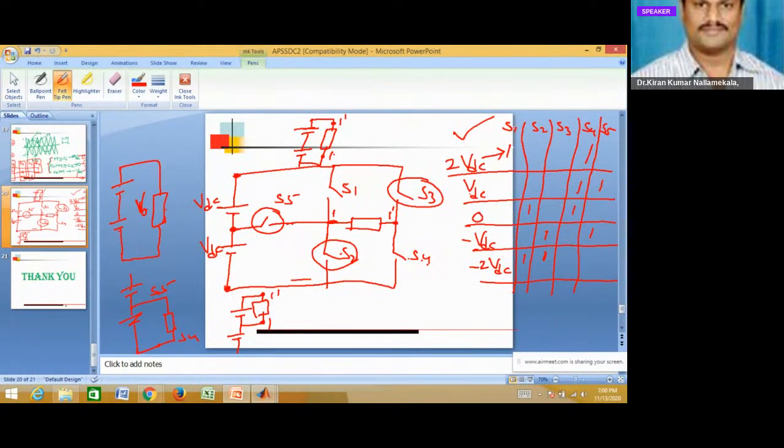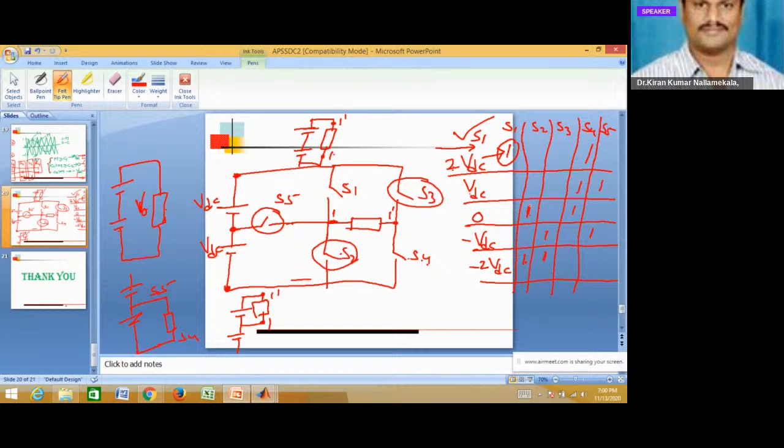That means S1 is conducting only during the 2 VDC level. So whatever 2 VDC voltage signal you are getting, you can directly give it to S1. In case of S2, it is conducting during the 0 voltage level and the minus 2 VDC voltage level.